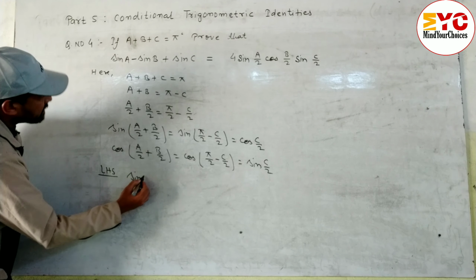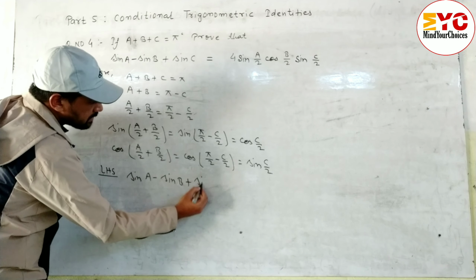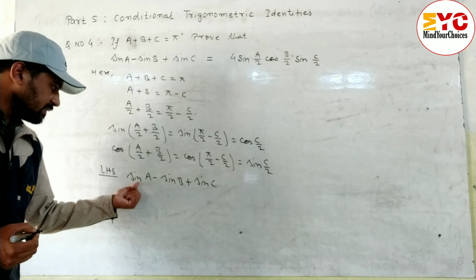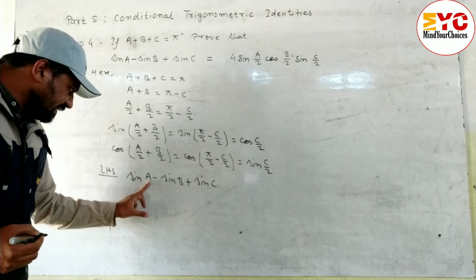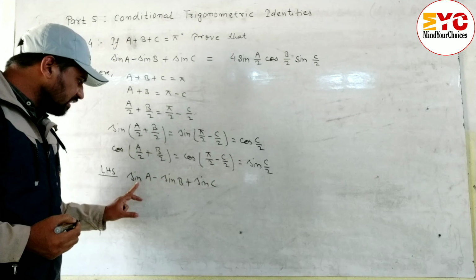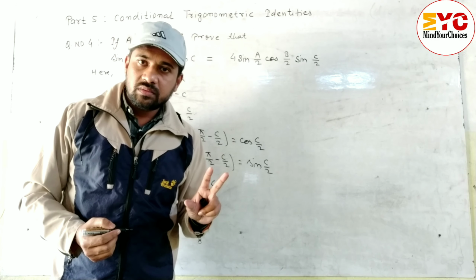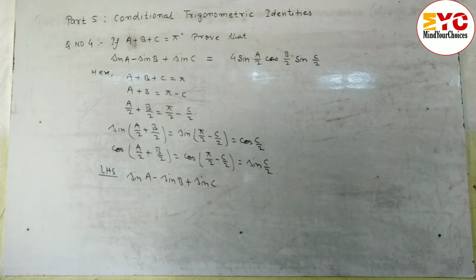The LHS is sine A minus sine B plus sine C. Now we can use the formula of sine C minus sine D here, which is 2 cos of (C plus D) by 2 times sine of (C minus D) by 2.